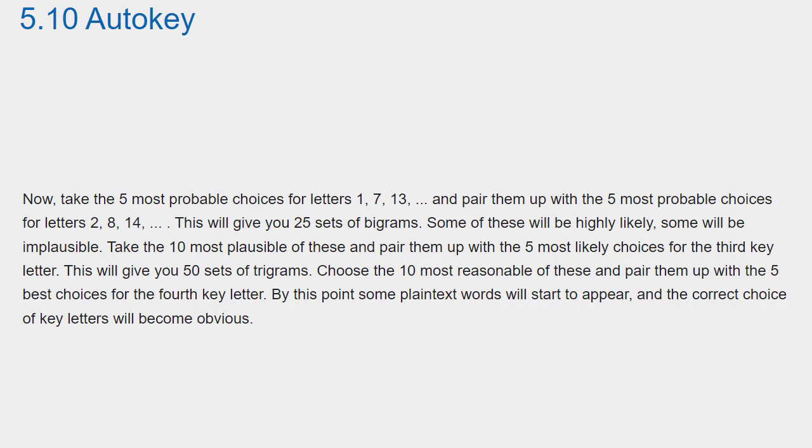Take the 10 most plausible of these and pair them up with the 5 most likely choices for the third key letter. This will give you 50 sets of trigrams. Choose the 10 most reasonable of these and pair them up with the 5 best choices for the fourth key letter. By this point, some plaintext words will start to appear, and the correct choice of key letters will become obvious.